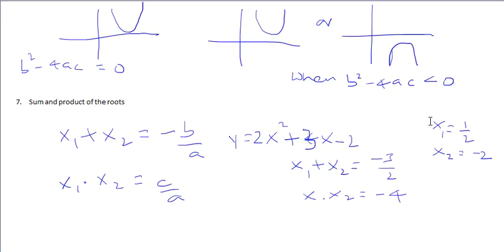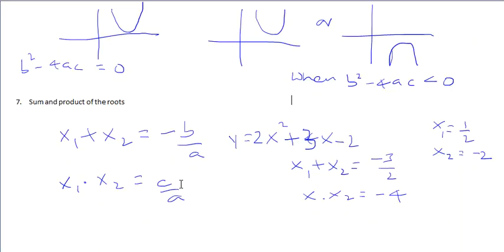What were our roots when we looked at the factored form? The two roots were a half and minus 2. If we add them up, you get minus 3 over 2. You can also get that by minus b over a, where b is equal to 3, so minus 3 over 2. So you can verify that this formula is correct.